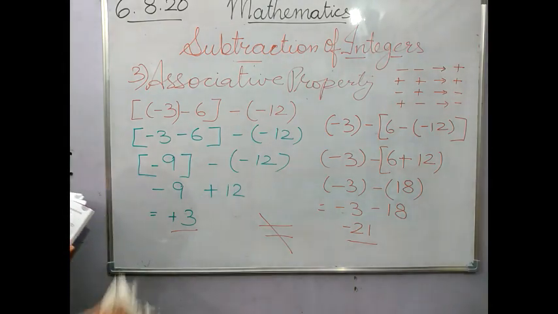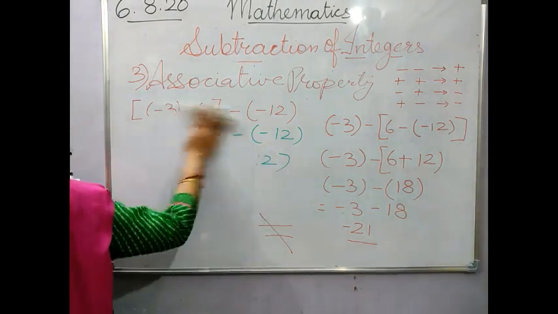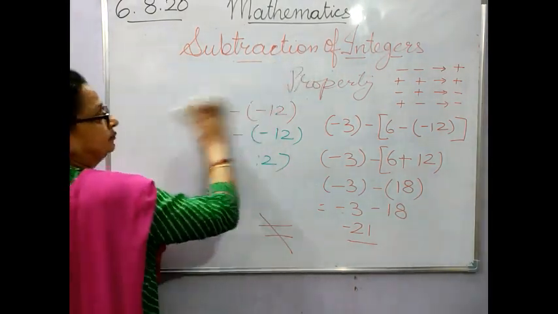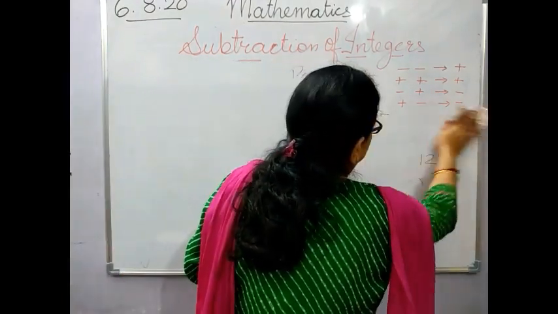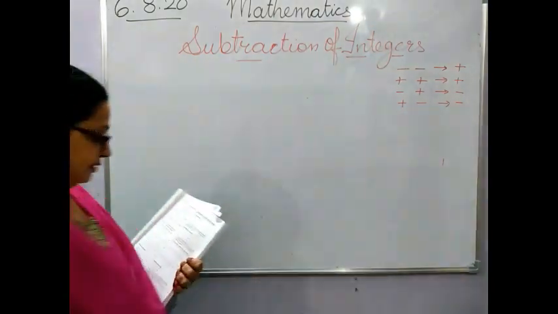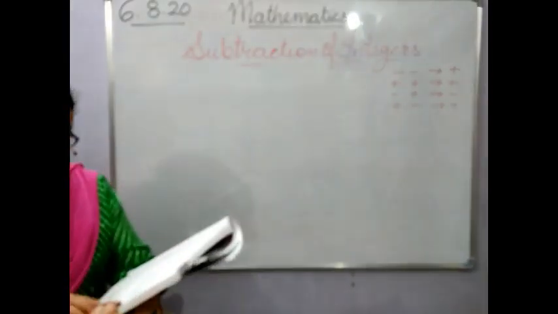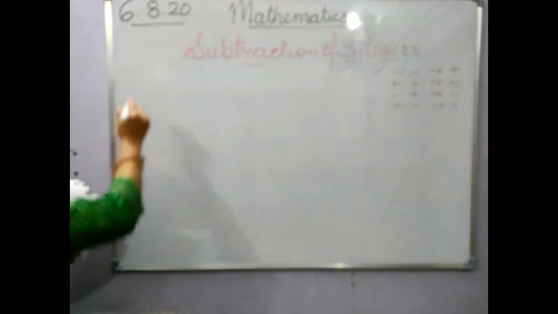Then we move on to the next, that is the fourth property, and that is the identity property.